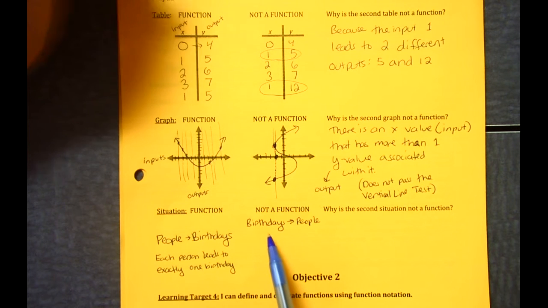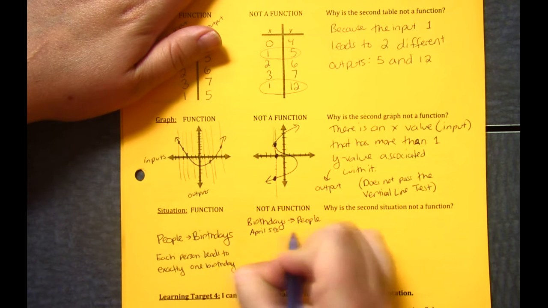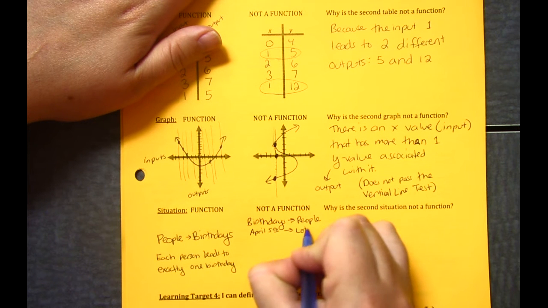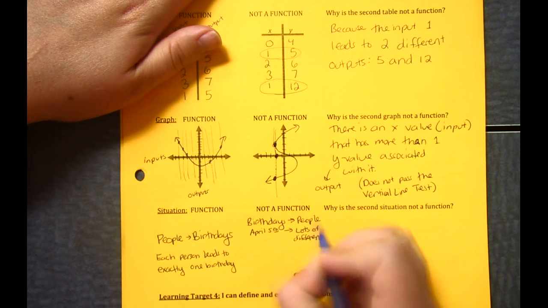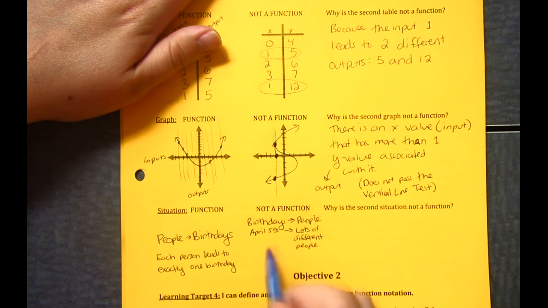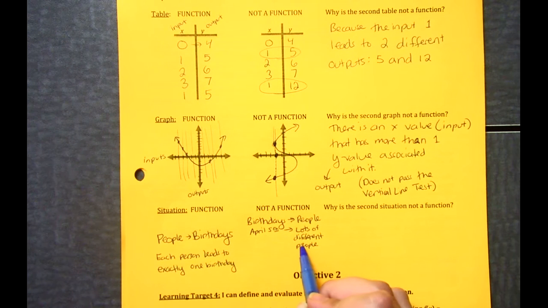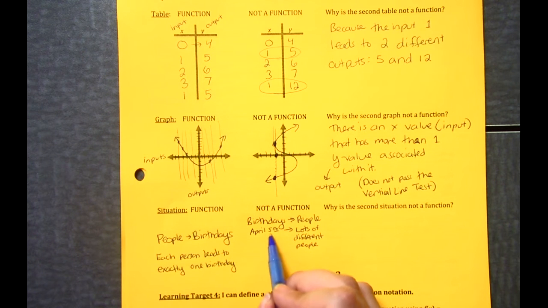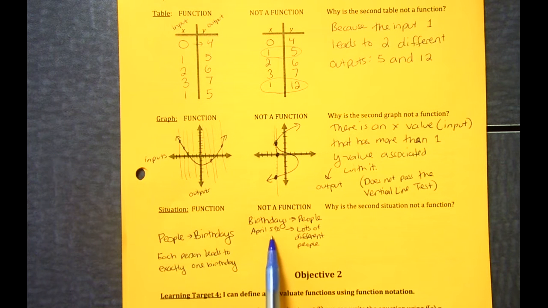My birthday is April 5th. So if I put April 5th in, lots of different people have that birthday. So one input is leading to lots of outputs. Me and a whole bunch of other people in our world all have this same birthday. So that is not a function because this one input leads to millions of different outputs.